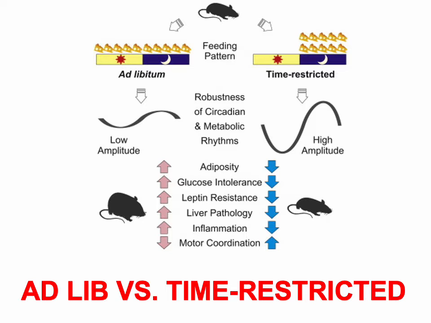In case of the time restricted, a high amplitude, which is beneficial against adiposity, glucose intolerance, leptin resistance, liver pathology, inflammation, and improves the motor coordination. But this can be used only in smaller experimental groups and not in the breeding, of course.